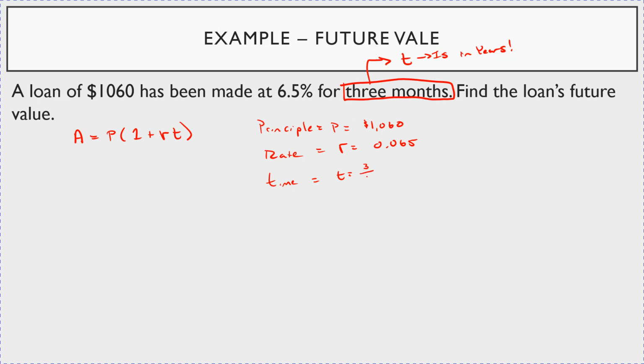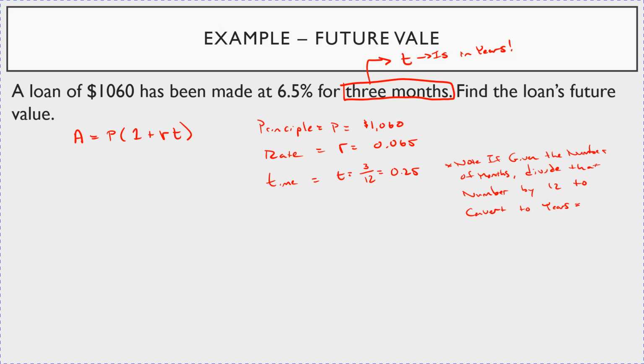Well, 3 months would be 3/12 of a year. So what is 3 divided by 12? Well, that's just 0.25. So if you're ever given the number of months, just note: divide that number by 12 to convert to years. Always, always, always do that.